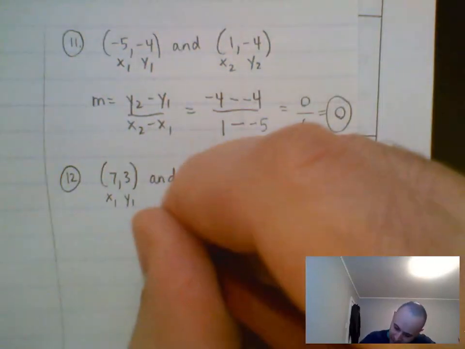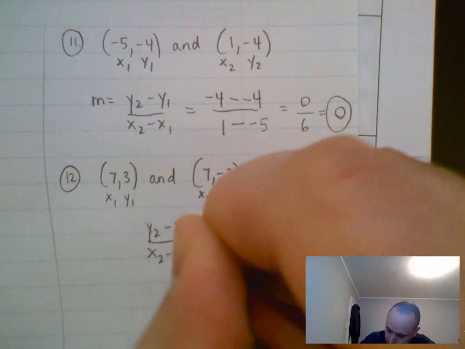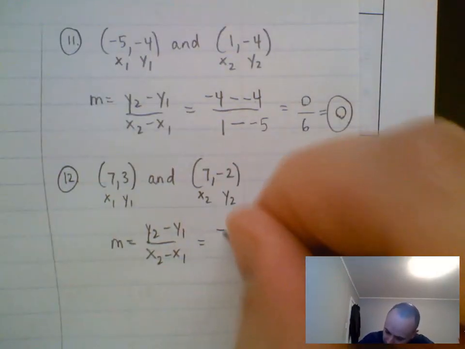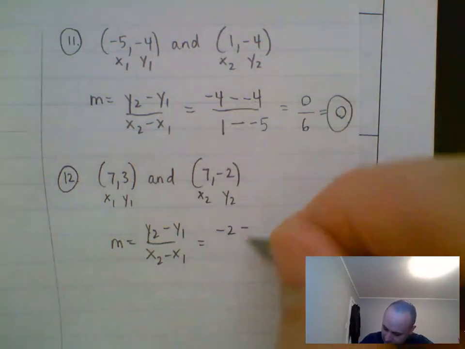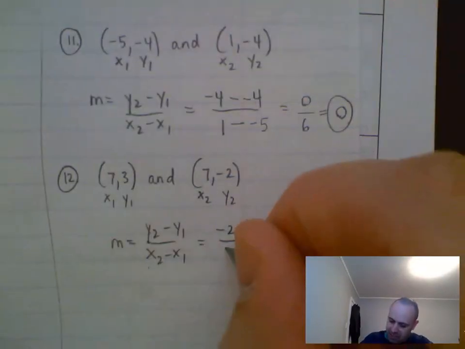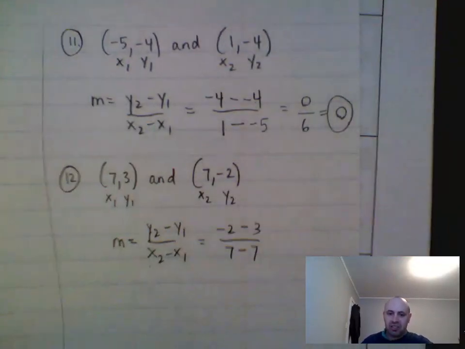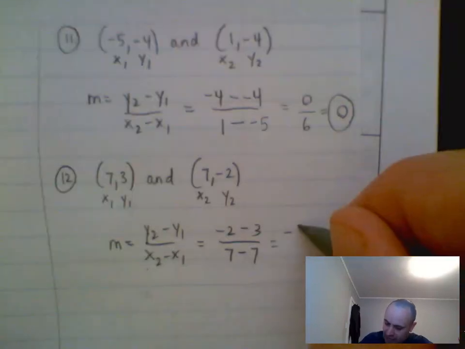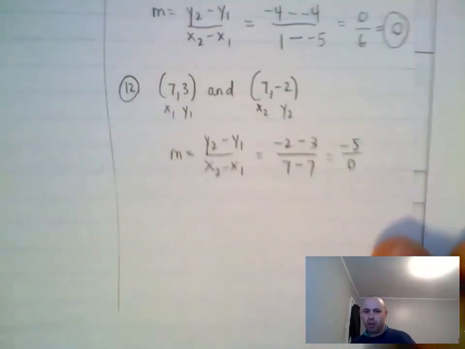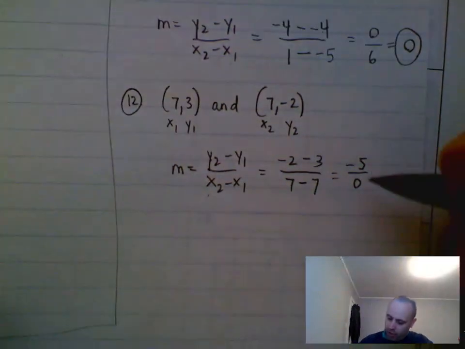In this case, there's going to be negative 2 minus 3 on the top. And then on the bottom, x2 is going to be 7 minus x1, which is 7. So in a situation like this, where you'll get like negative 5 on the top and nothing on the bottom, when the 0 is on the bottom, it's called undefined.